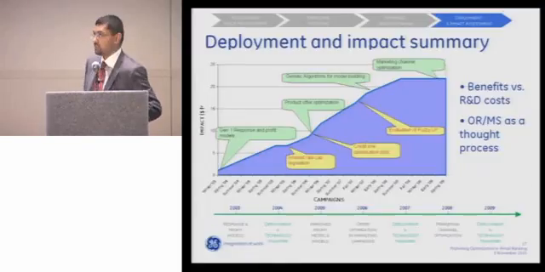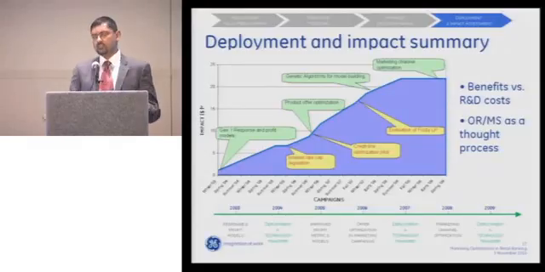But the more important and more gratifying part of the impact is the fact that OR became a part of the thought process out there. OR in general is a beautiful way of translating decision problems to optimization problems.